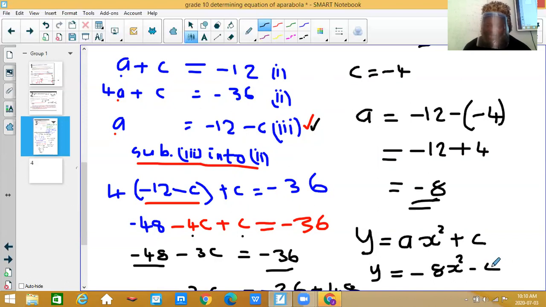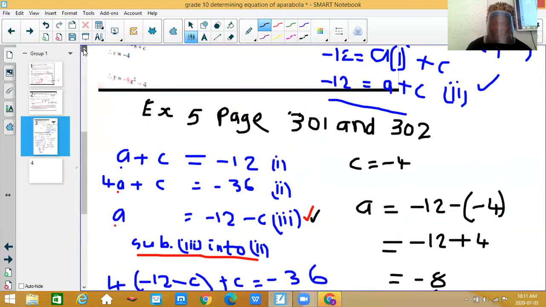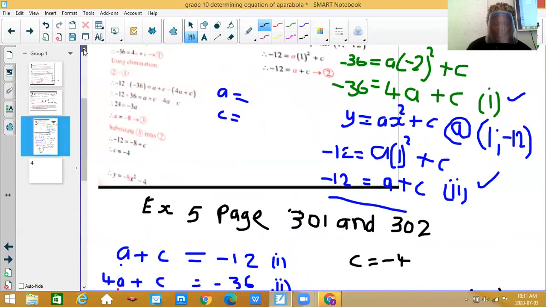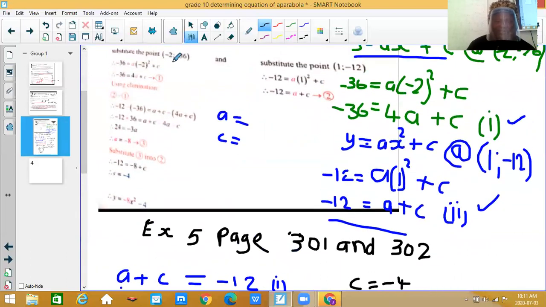Negative 4. This is the equation of the parabola which passes through the stipulated points. Are you following there? This is the equation of the parabola that passes through points (-2, -36) and (1, -12). Are you clear with that?